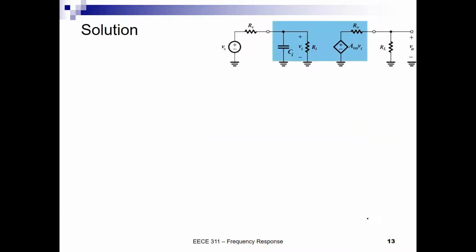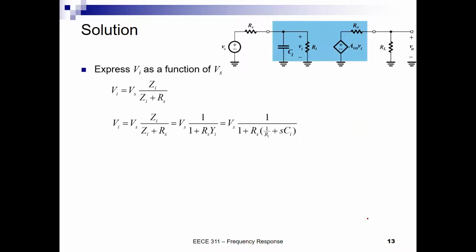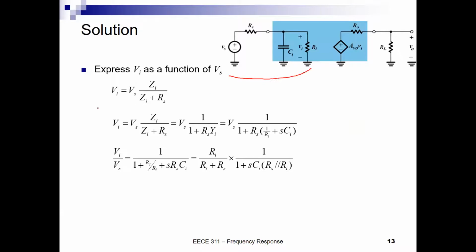Okay, so for the solution, we said we first study the voltage divider network at the input to find Vn over Vs, and we end up with an expression which has a pole, the definition of a pole, 1 over 1 plus S over omega 0, and some gain.